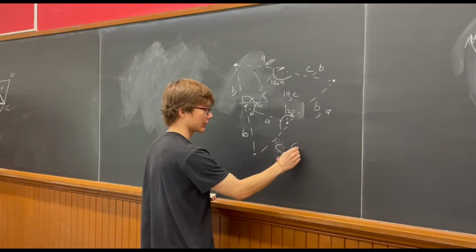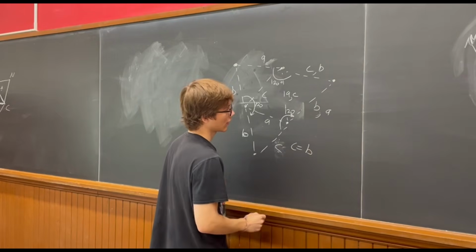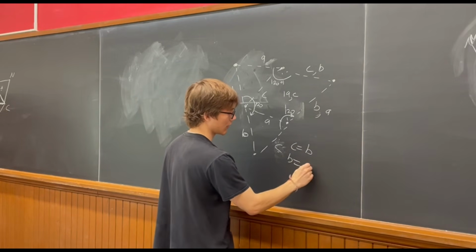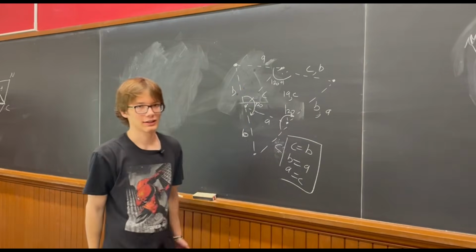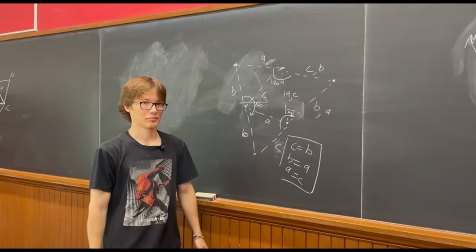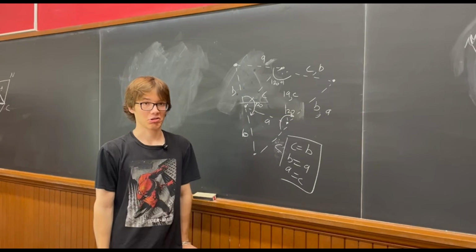So it says that C is equal to B, B is equal to A is equal to C. But actually it should be A is equal to B in that case. And then we can apply the same whole reasoning that we did before to all pairs of the sides, and then we can prove that all sides are equal to each other. That's it.